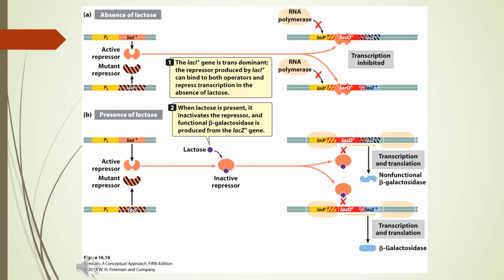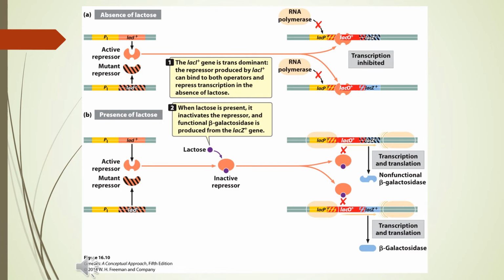On the lower side you can see that lac P is okay, lac O is also okay. Then comes the structural gene lac Z. It is also in a functional condition, it is not mutated, so you can expect transcription and translation.